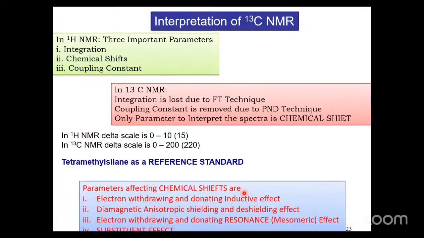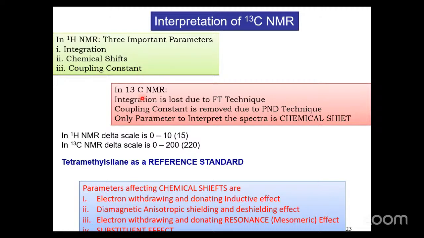Let us compare the interpretation of H1 and C13. For H1, we have three important parameters. First, integration, which gives the number of hydrogens; chemical shift, which gives the electronic environment of the nucleus; and the coupling constant, which lets us find the coupled nucleus.